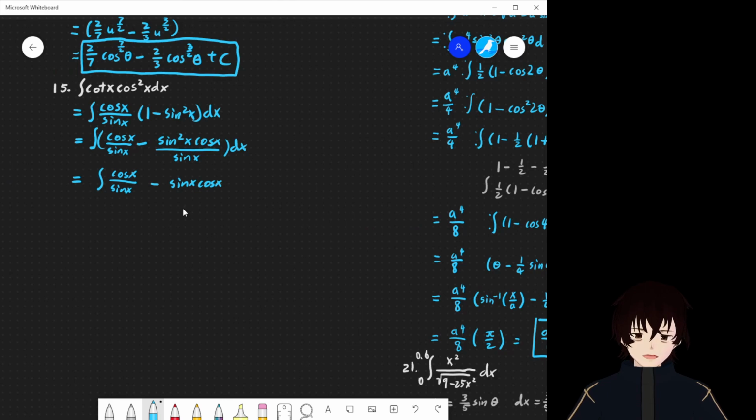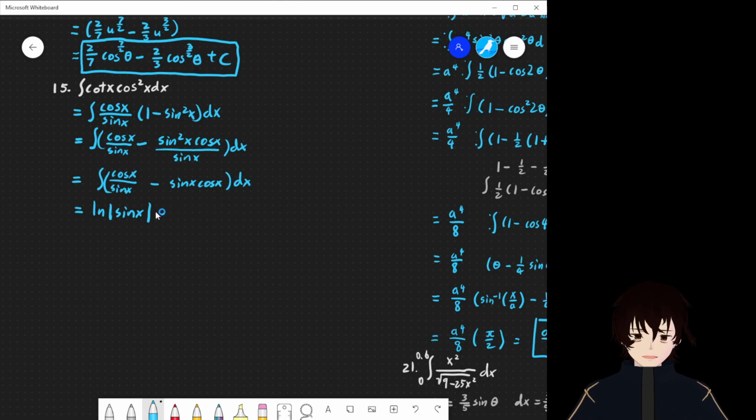And if I remember right, what was that formula again? Okay, whatever. We do not need it. dx. The integral of cosine x over sine x is the natural log of sine x. Of course, we need to include absolute value.